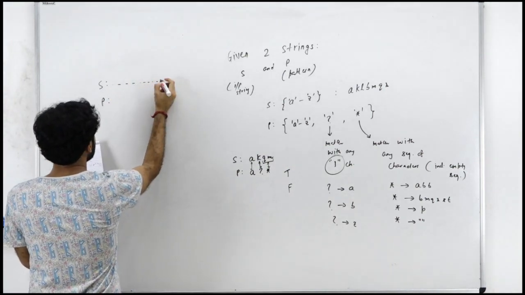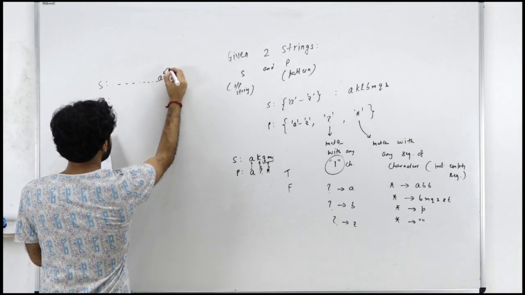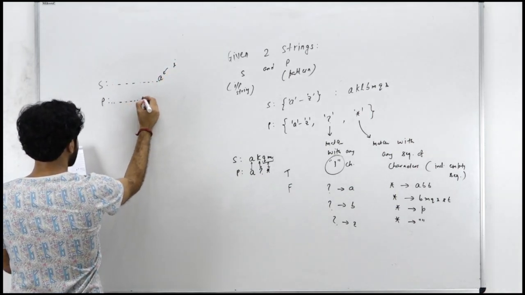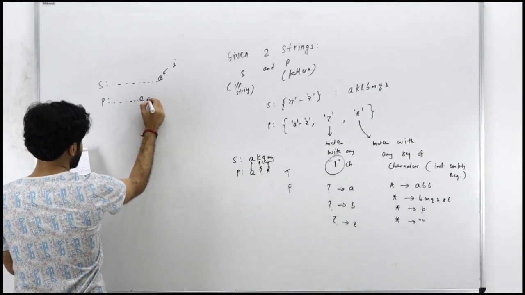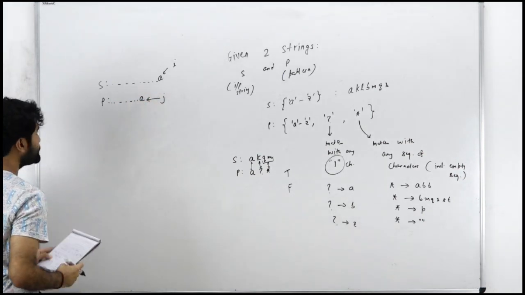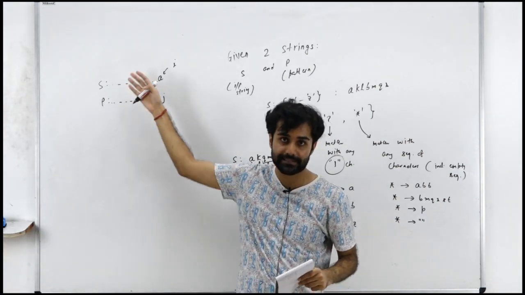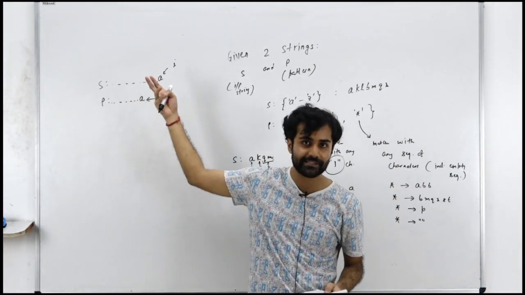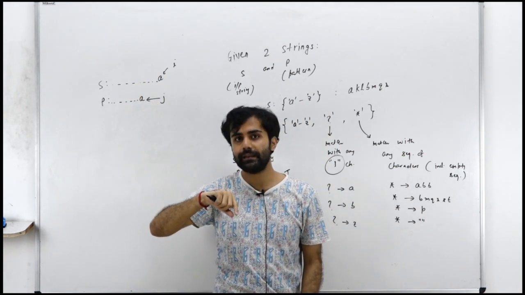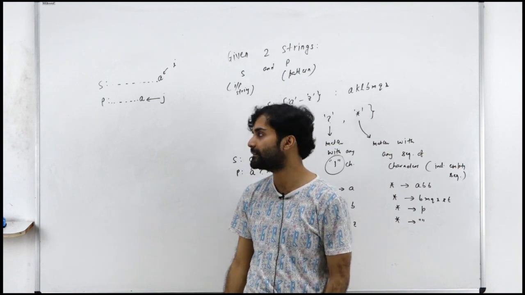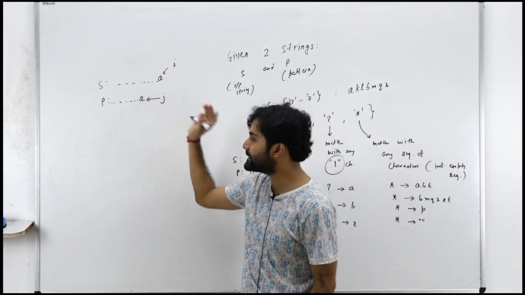Let's say the last character of string S is A, and this is the ith character. And let's say pattern P has a last character which is also A, for example, and this is the jth character. Because they need not be of equal lengths, they can be of different lengths, S and P, and yet match against each other, because star can match against a sequence of many different characters, right? So let's say this is the case.